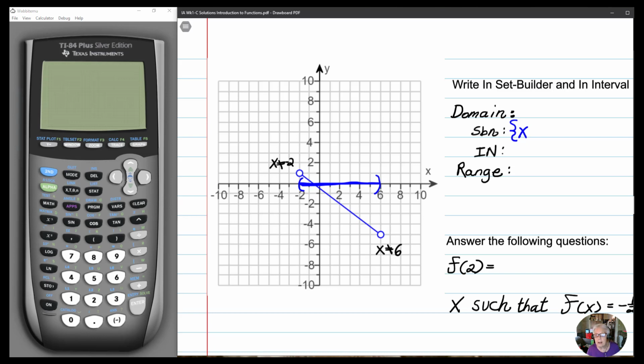So we're talking about all of the real numbers on the x-axis such that they obey the following rule, namely that x is between -2 and +6, strictly between.